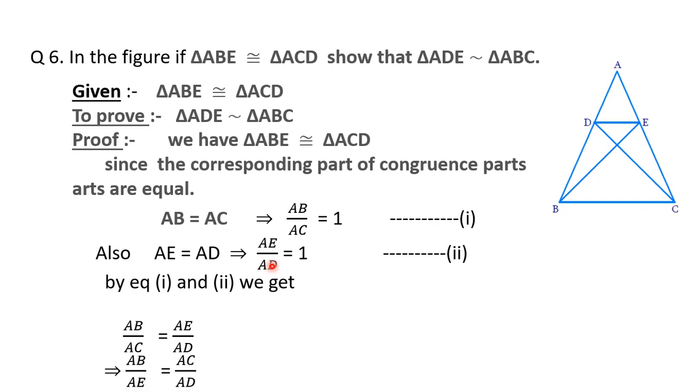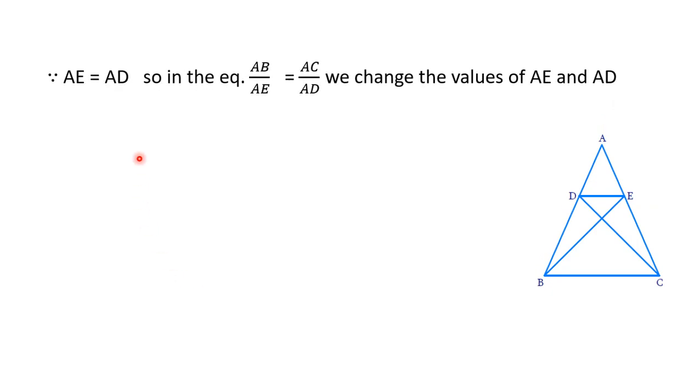Now we can write this equation in another form. AB upon this AE, we have to do cross multiplication of this only. So it will become AB upon AE is equal to AC upon AD. Then AE is equal to AD.